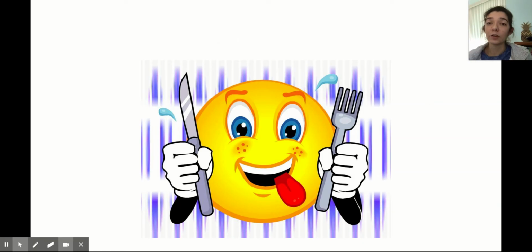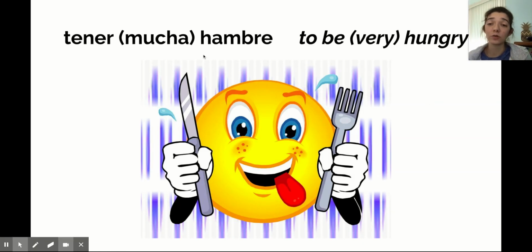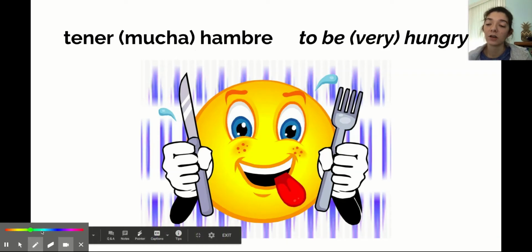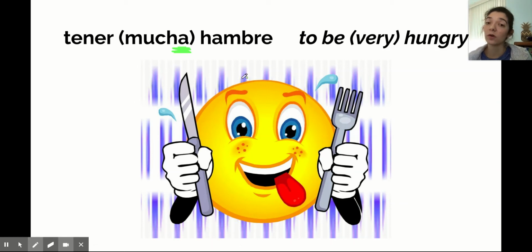Everybody's favorite, always. Yo tengo mucha hambre. Sí, tener, repítame, tener mucha hambre. To be very hungry. Do you notice a difference between this word and the words that you've seen earlier for the word very? What do you notice is special about that? Hopefully you said mucha, not mucho.